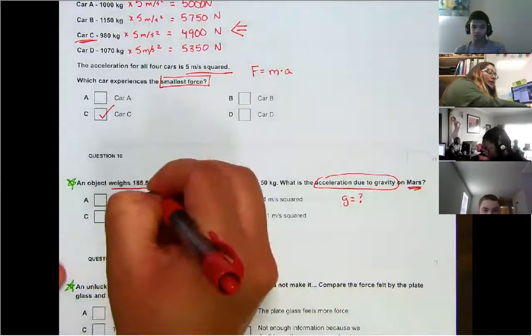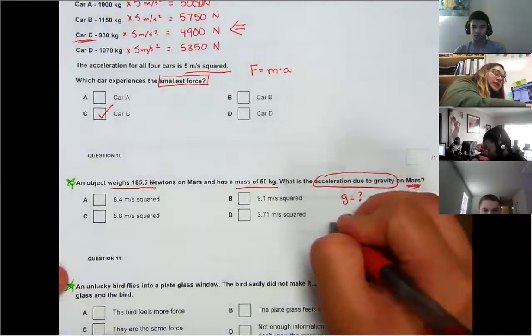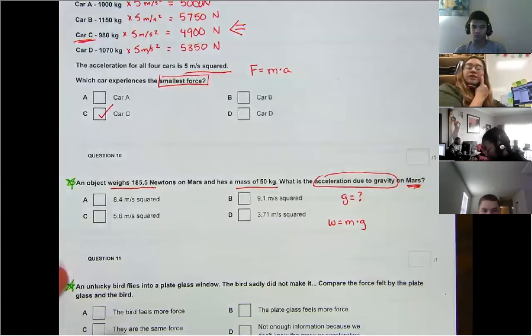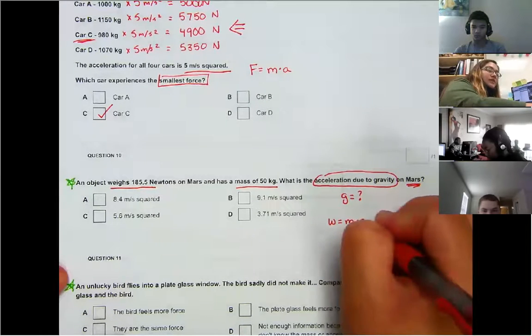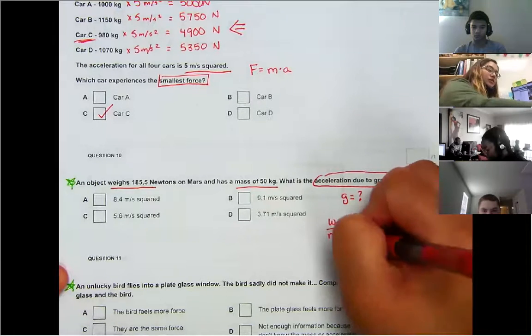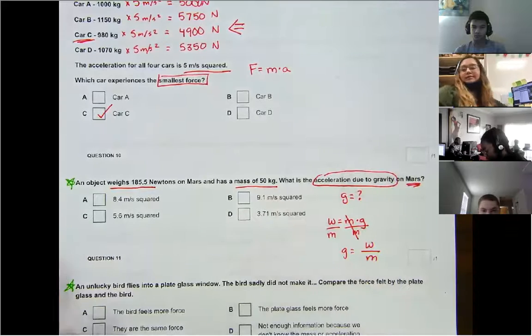We need to find it. We know the weight and we know the mass. Our formula is weight equals mass times gravity. If we're solving for gravity, we're just going to divide both sides by mass. So gravity equals weight divided by mass. That's all we need to do for this problem.